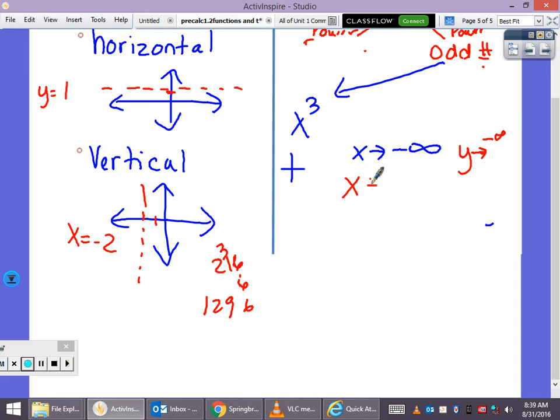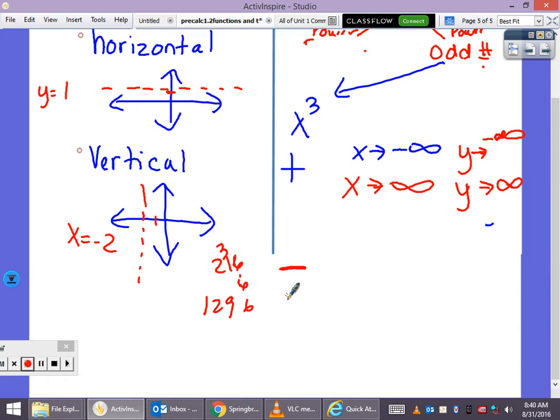As x goes to a positive number, give me a positive number, 6. So 6 to the third power, is it going to be positive or negative? So y is going to head towards positive infinity. And right up here, this was a negative infinity. Squeeze. Okay?